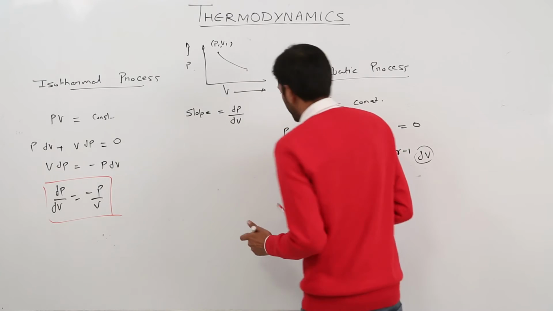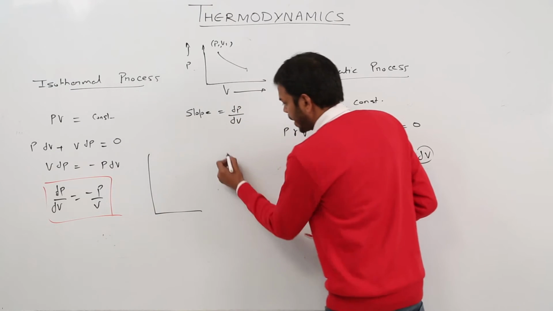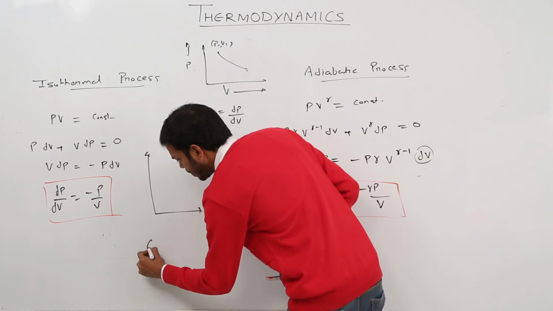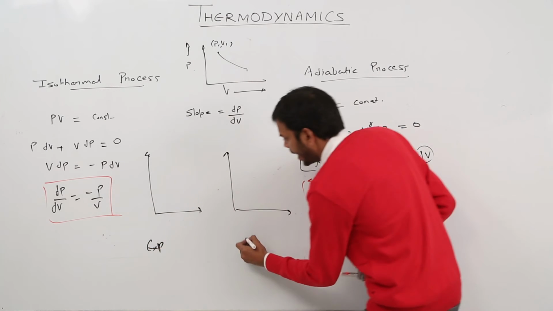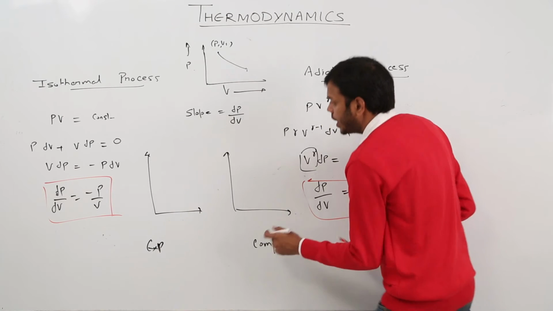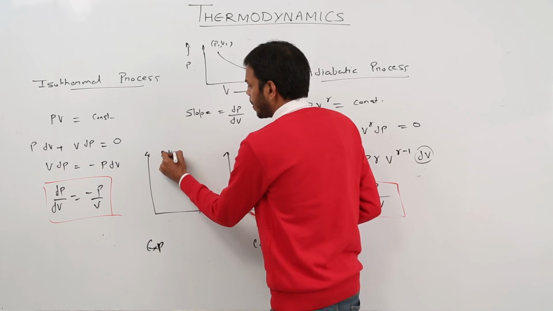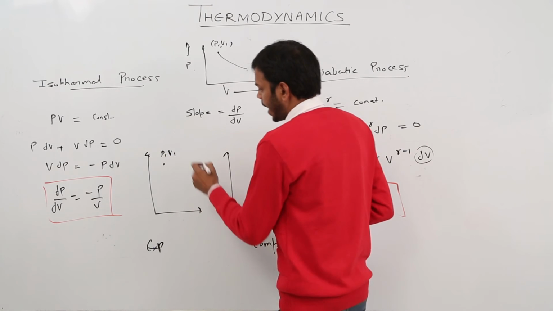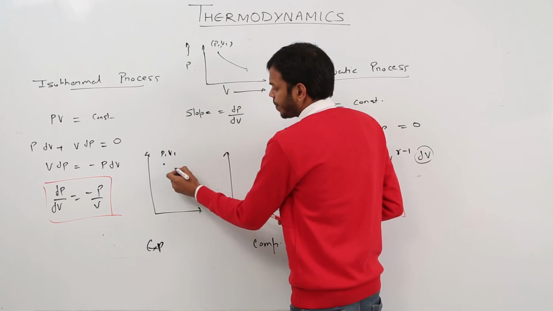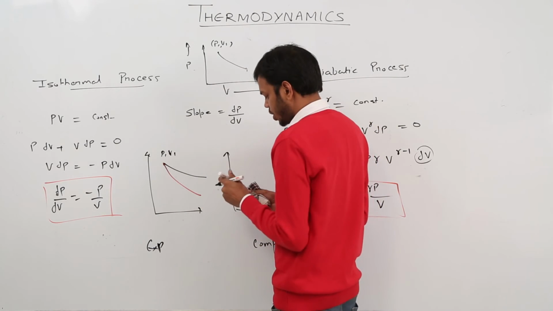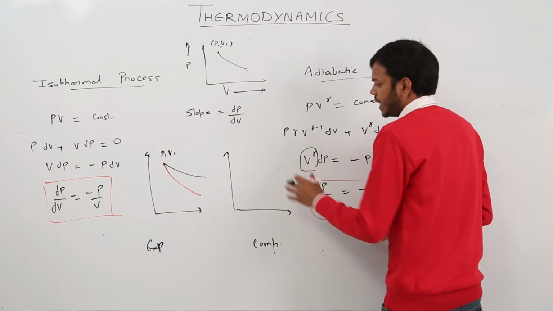So let me make two graphs, for expansion and compression. Here I am representing expansion mode and compression. Starting with this point, this is P1 V1. In case of isothermal, the graph would be like that, but in adiabatic the graph would be steeper.